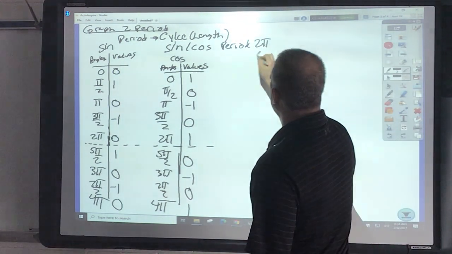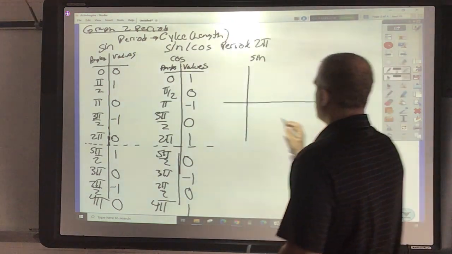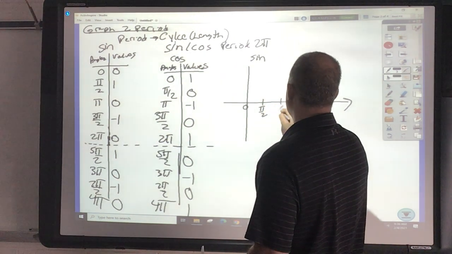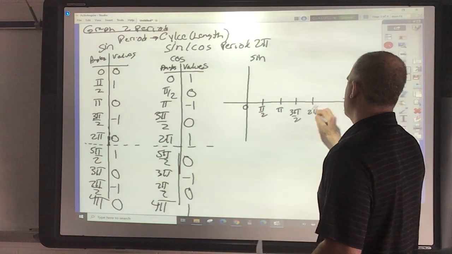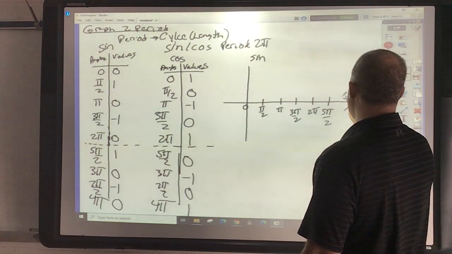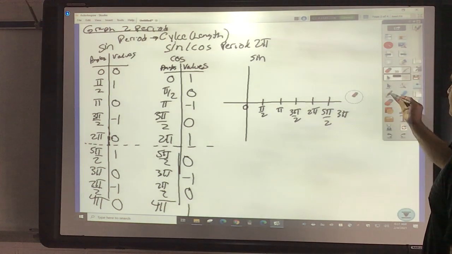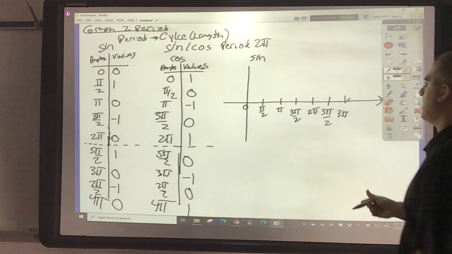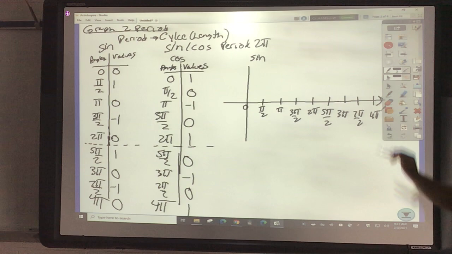So if I were to graph the sine function, here's the sine function. I'm going to graph it this way: 0, pi over 2, pi, 3 pi over 2, 2 pi, 5 pi over 2, 3 pi, 7 pi over 2, and 4 pi.